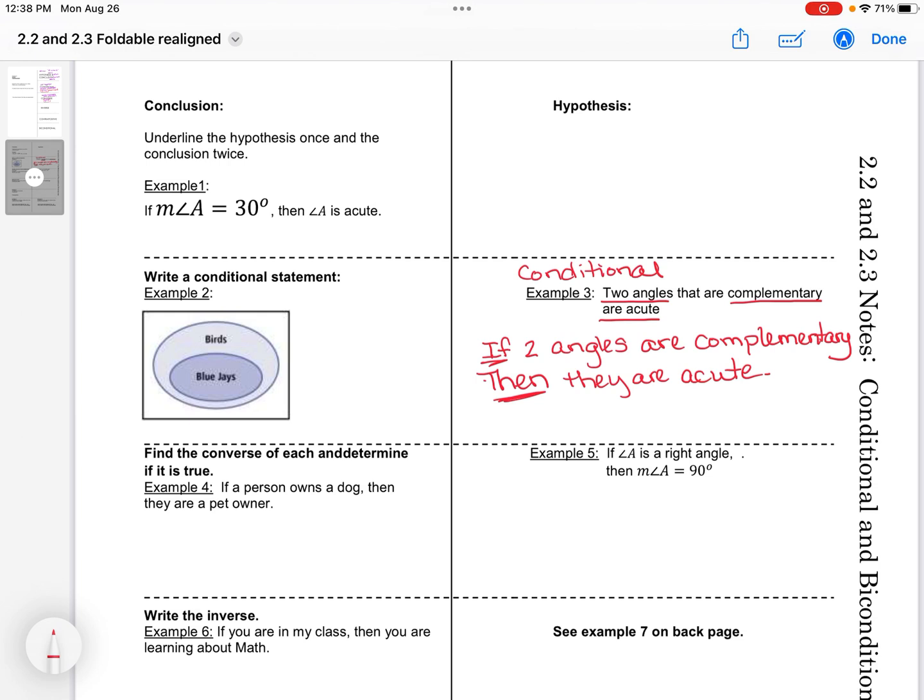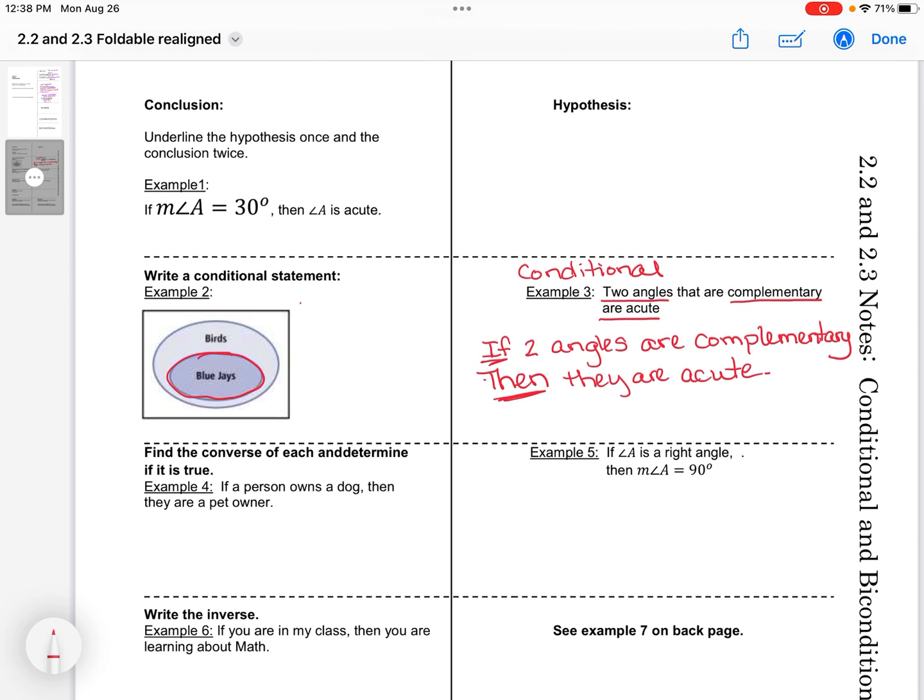On the back of the word conditional, we have our picture right here. Birds is the whole big circle, and blue jays are birds. So they're a small subset of birds.